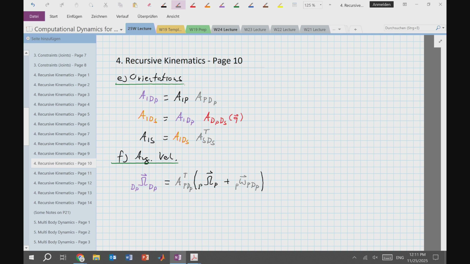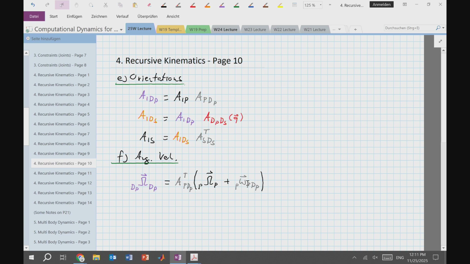What can we simplify here? Say that again? It's a rigid body, so there's no relative velocity, right?